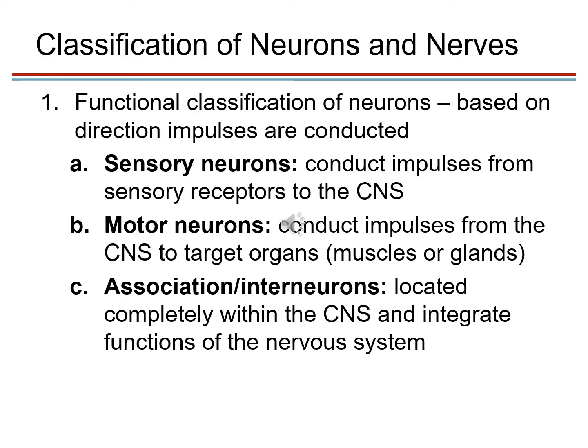We have different classifications of neurons based on different characteristics, but the one that I want to emphasize is the three types of neurons that we talked about at the beginning of the semester: the sensory neurons, the motor neurons, and the association or interneurons. Sensory and motor neurons are part of the peripheral nervous system.